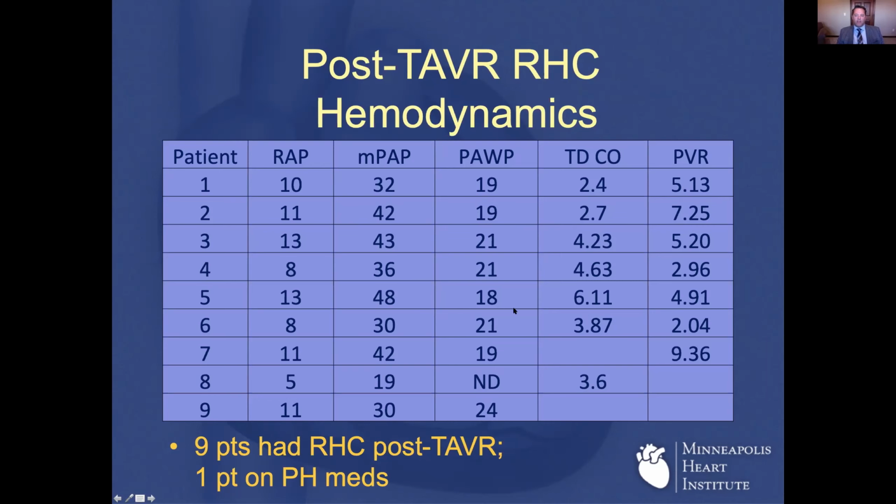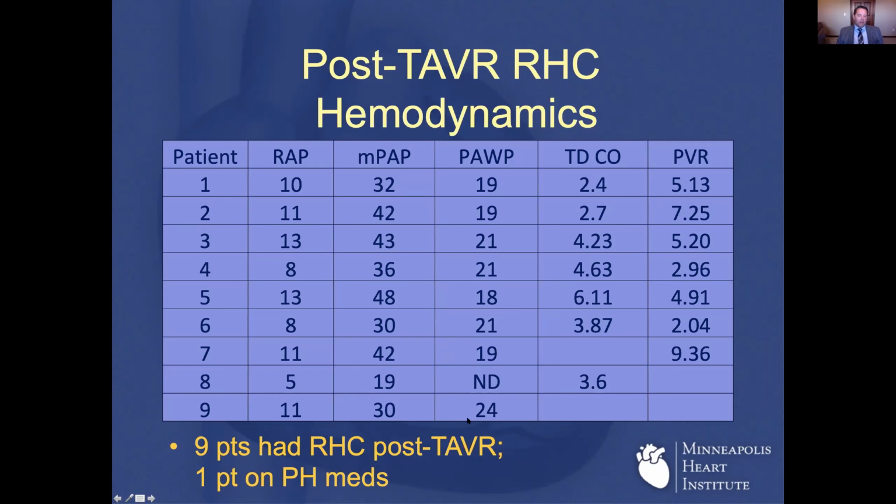Likewise with this patient here, number 5, who had a mean PA pressure of 48 and a wedge of 18. This patient also would fit into the category of a combined pre and post, and then patients such as number 6, which looks consistent with a group 2 pulmonary hypertension.